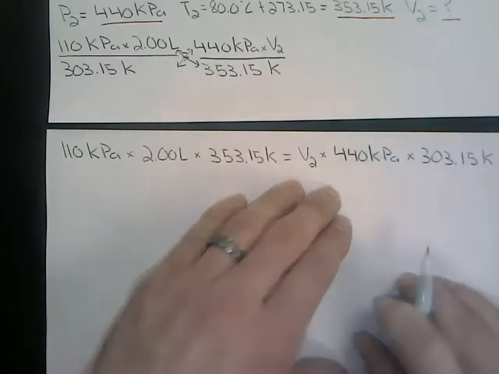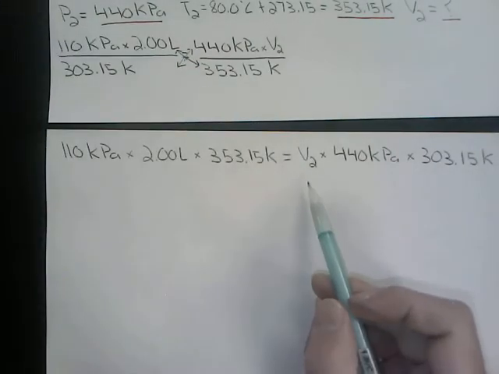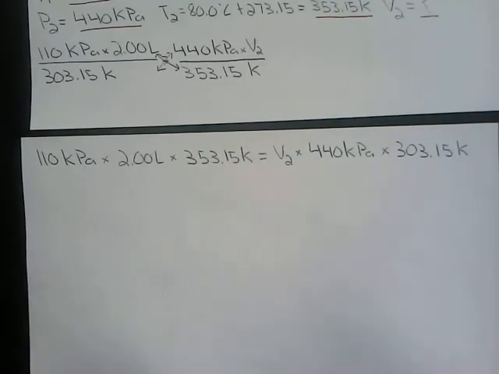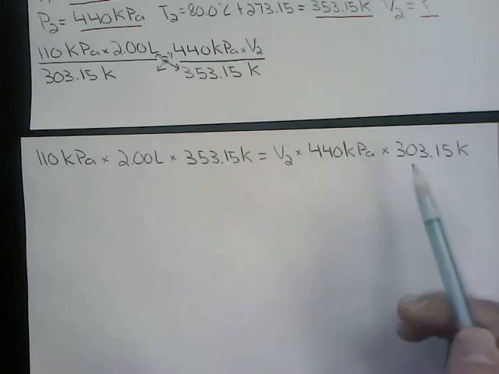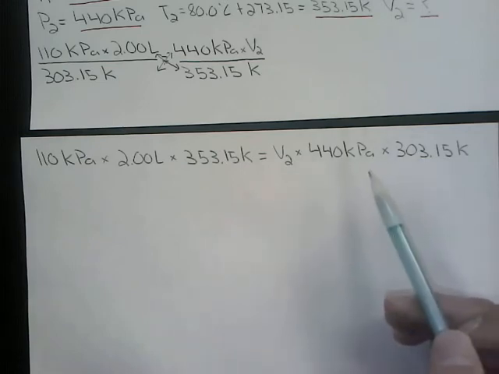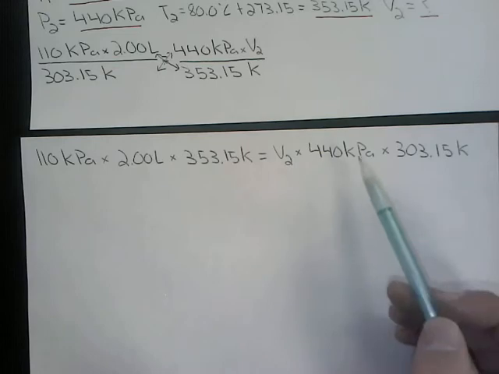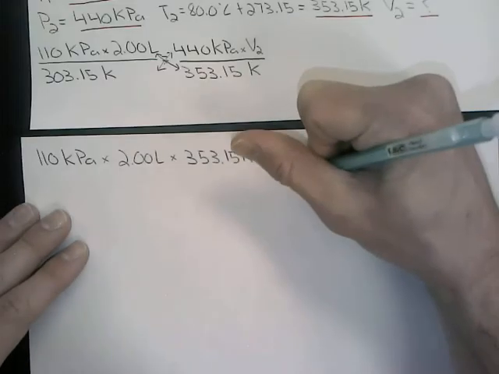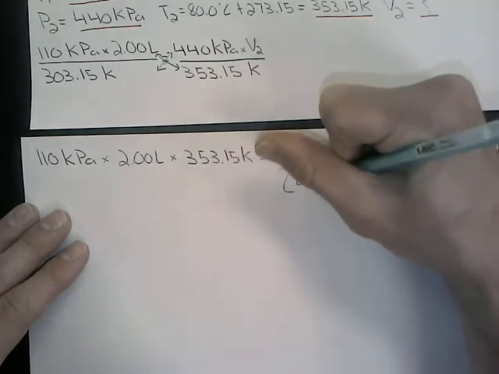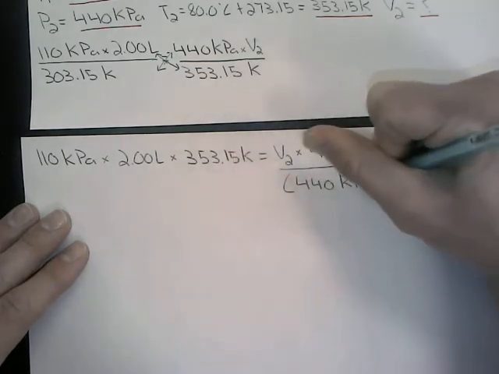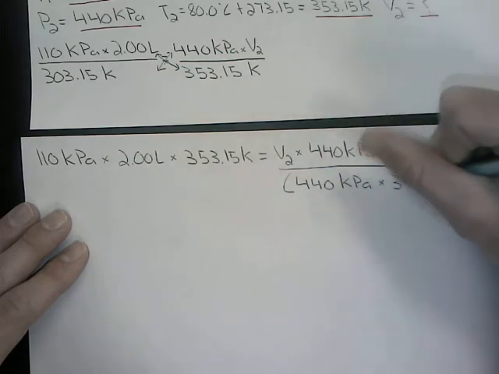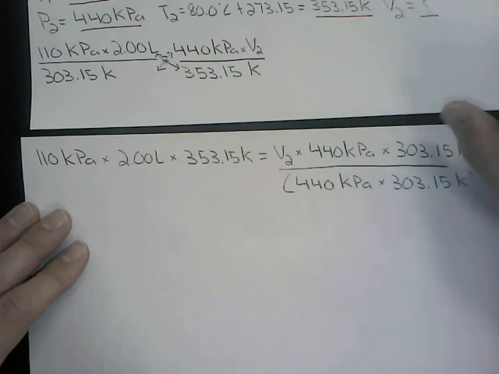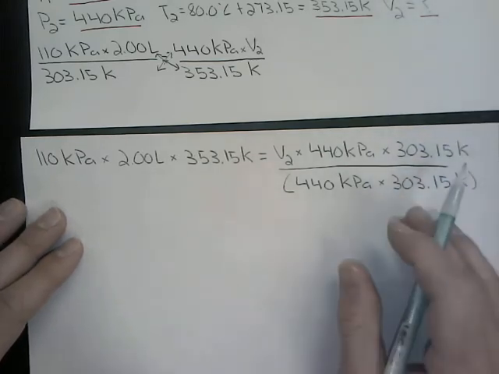All right, so again, I have to get V2 by itself. This time with my values here, I have 440 and 303 attached to V2. I need to divide both of those things. And so how I do this is I'm going to put it in parentheses, 440 kPa times 303.15 K, and I need to divide it on each side.